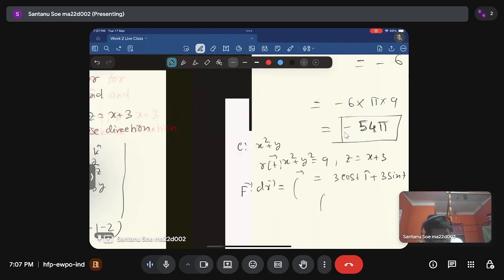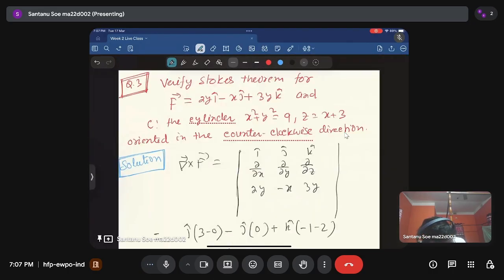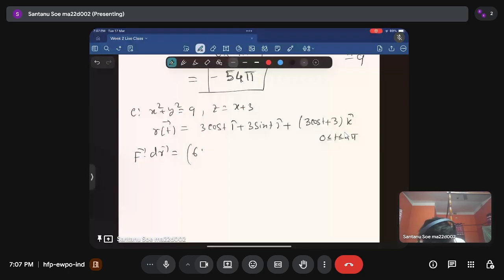F was 6 cos t i cap minus 3 cos t j cap plus 9 sin t k cap, and the dot product of minus 3 sin t i cap plus 3 cos t j cap minus 3 sin t k cap.